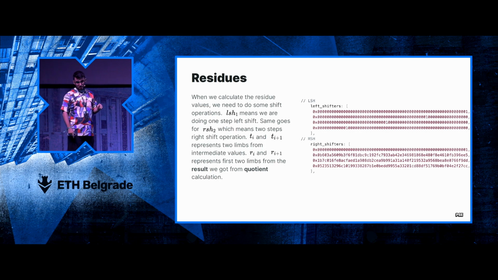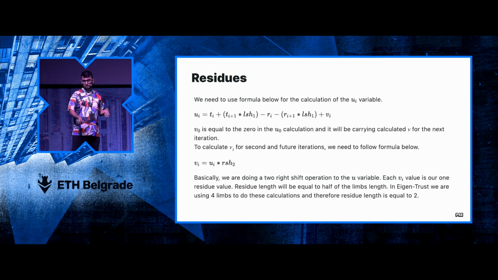In residues, we are basically taking each limb from intermediate values, and we are left shifting the second one one time, so it gets to the upper level, and for the result part, we are doing the same, and we are following this formula.